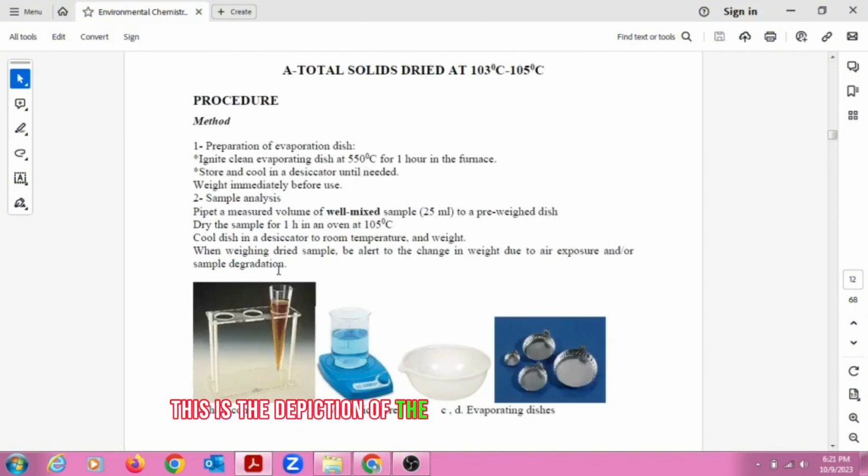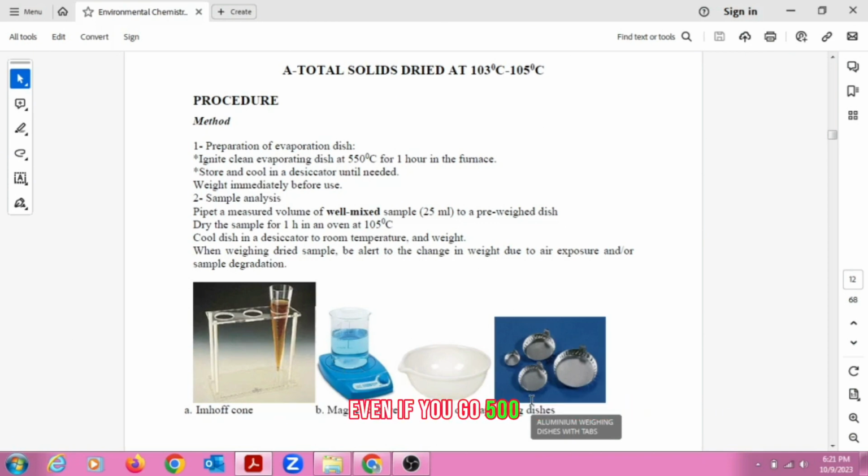This is the depiction of the method. The Imhoff cone here is used for finding the settleable solids, and this is the stirrer with a magnetic plate. This is a magnetic stirrer, or it can also be a hot plate. This is the dish which is used to find volatile solids, and these both are evaporating dishes which can sustain higher temperatures.